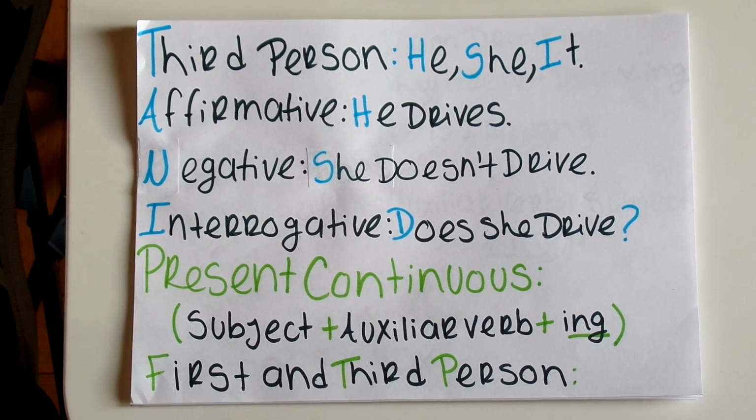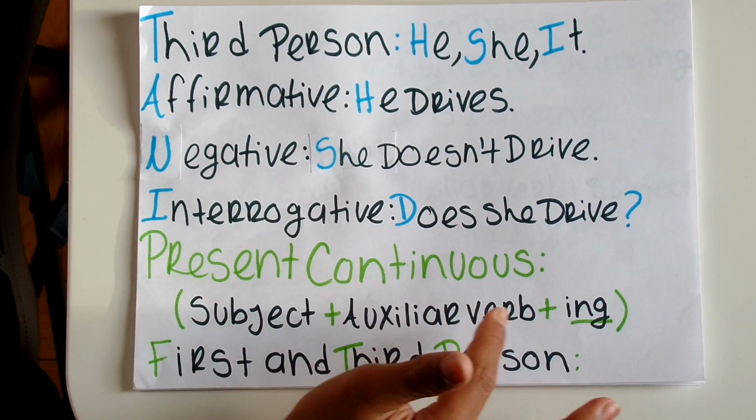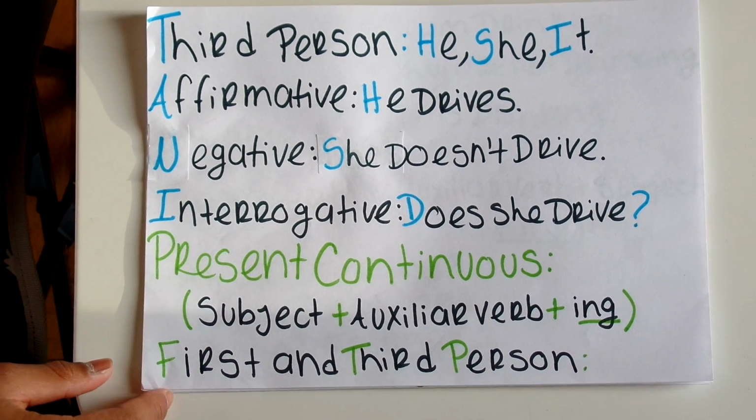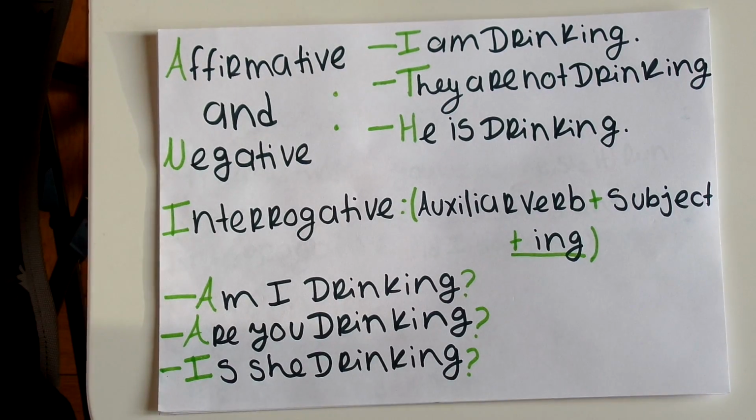The rule for this tense right now will be subject plus auxiliary verb plus ing. Right now we're gonna use the first and third person subjects.